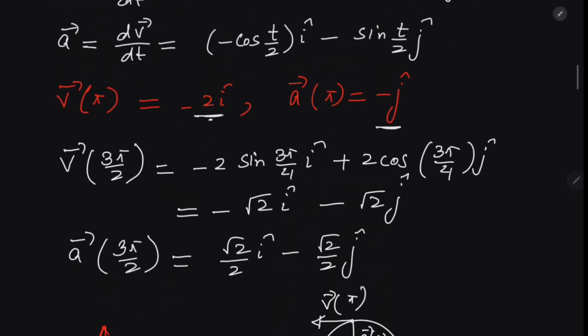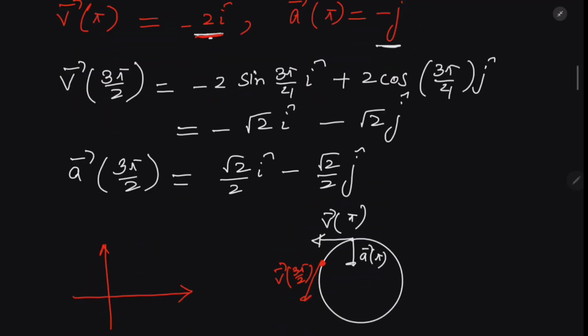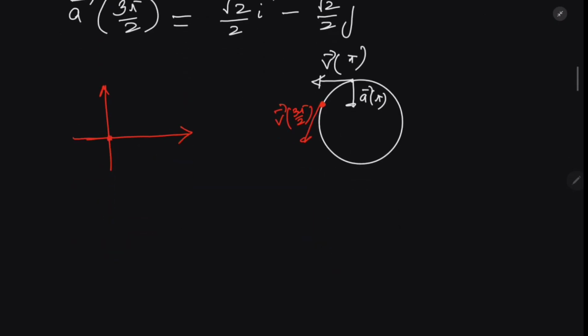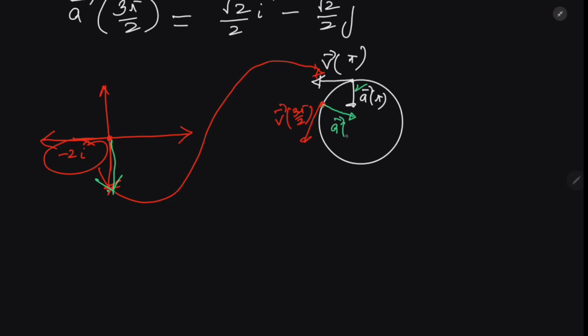For example, in the first case it was easier: minus 2i shows that it should be a vector towards the negative side, so we just copy that and put it over here. Similarly, acceleration is on this side, so we put that value over here. So you can do the same for velocity at 3 pi by 2, and acceleration is usually inside, so acceleration at 3 pi by 2 is towards the center of the circle.